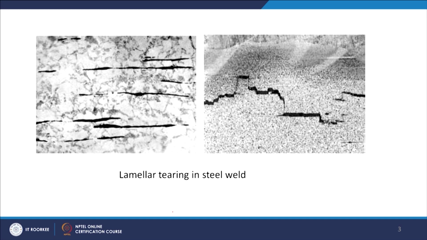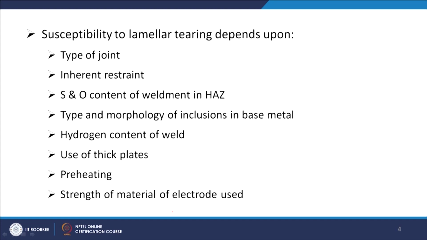Now, if you talk about the susceptibility to lamellar tearing, whether the material will be susceptible depends upon the type of joint, and second, the inherent restraint if that is there. Then you have the sulfur and oxygen content of the weldment in the heat affected zone, then the type and morphology of inclusions in the base metal.